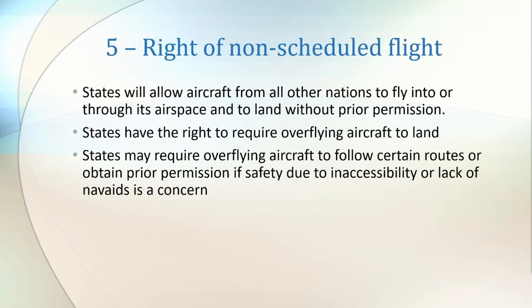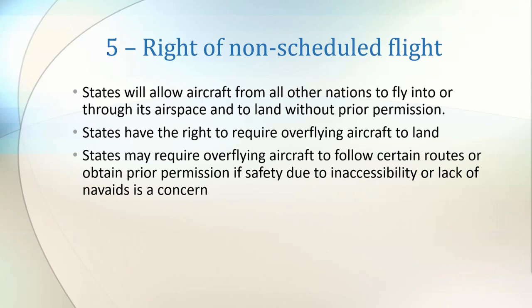Article 5 outlines the rights of non-scheduled flights. Non-scheduled flights are simply aircraft that are not scheduled international flights. This would cover private and charter flights. It specifies that states must allow all non-scheduled aircraft to fly into or through their airspace, and to be able to land in them without prior permission.